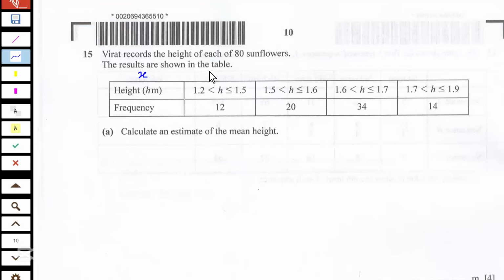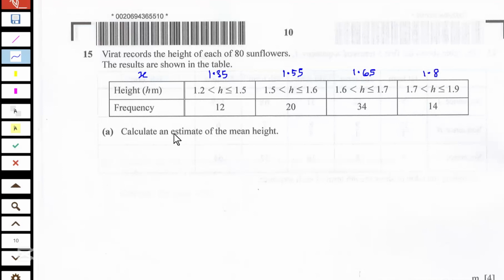This gives us 1.35. Now 1.5 plus 1.6 divided by 2 gives us 1.55. 1.6 plus 1.7 divided by 2 gives us 1.65. 1.7 plus 1.9 divided by 2 gives us 1.8.